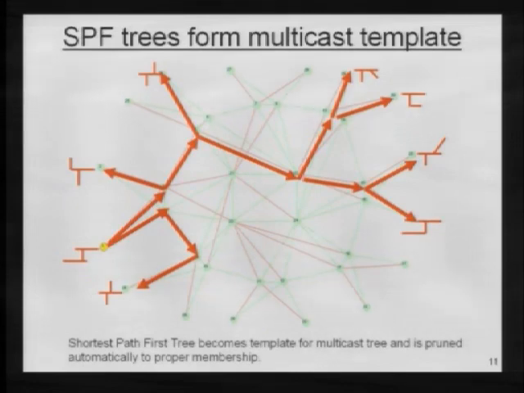And so here node 1 has this template of its shortest path tree, or a subset of its shortest path tree, being used to reach all of the other members, and only these members of this service or layer 2 VPN, whichever terminology you prefer.